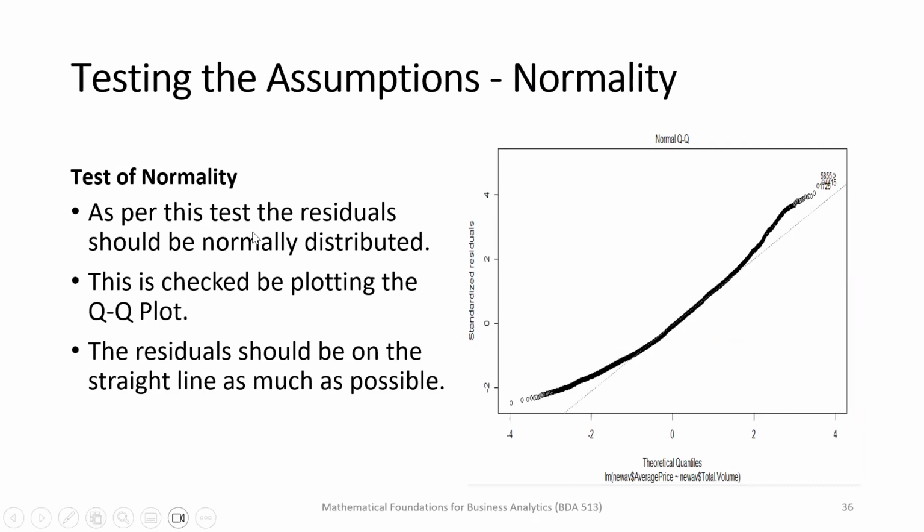Let's take a data set and try to develop a multiple regression model out of that, and then see if it meets these test assumptions. If it does, then we go ahead and use it accordingly.